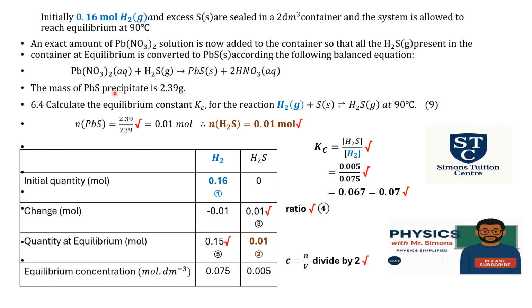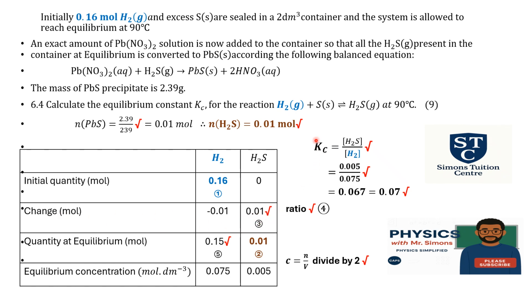Then also from PbS, I know at equilibrium, because they say at equilibrium it is converted to PbS, I have 0,01. Now I need to remember for my products, plus the value, for my reactants, minus the value. So here to get to 0,01 means I've added 0,01. Right, so from second to third, for the change, we always use the ratio.